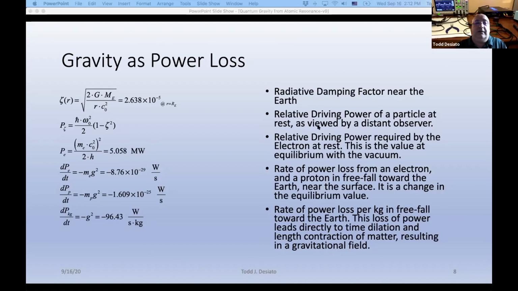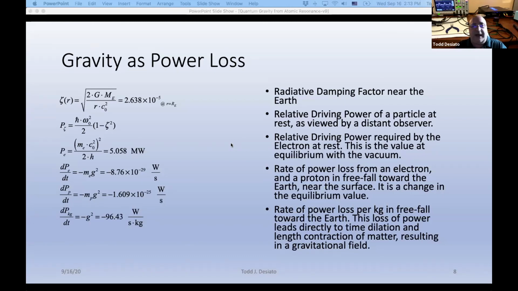And again, I said that for an electron to be inflated to its normal size requires about 5 megawatts. And when that electron is in free fall, geodesic motion, then it's losing power and contracting as it falls toward the Earth.